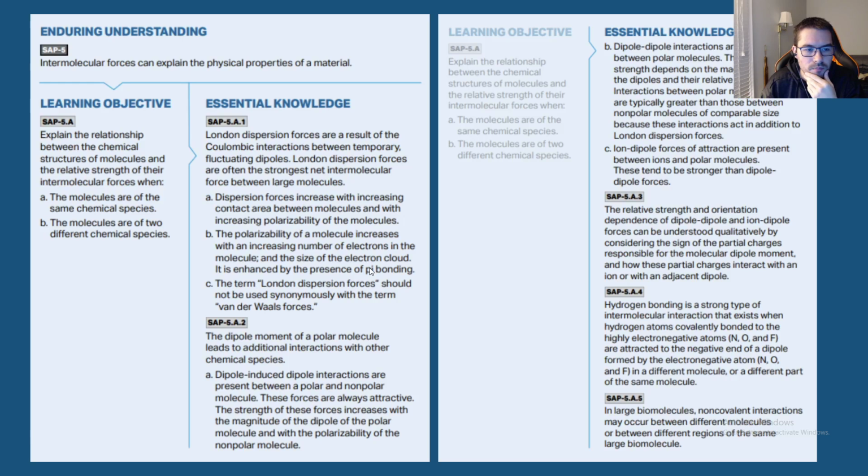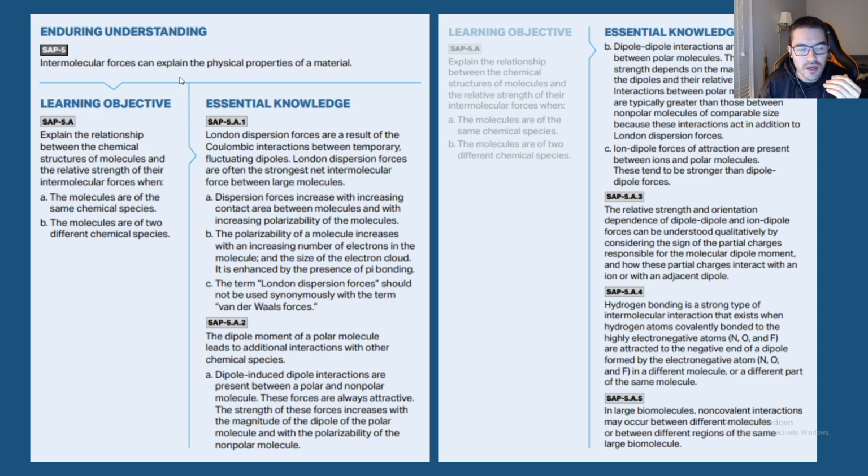So, here is the course and exam description, I should say. The learning objective, I'm not going to get into every little detail here, but I will highlight some of the big things. Okay, so right here, the enduring understanding: intermolecular forces can explain the physical properties of a material. Very true.